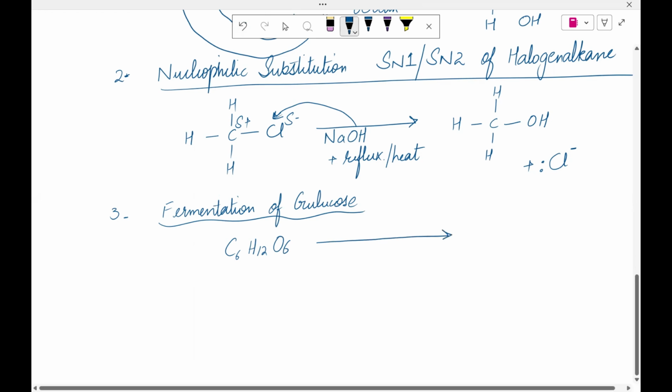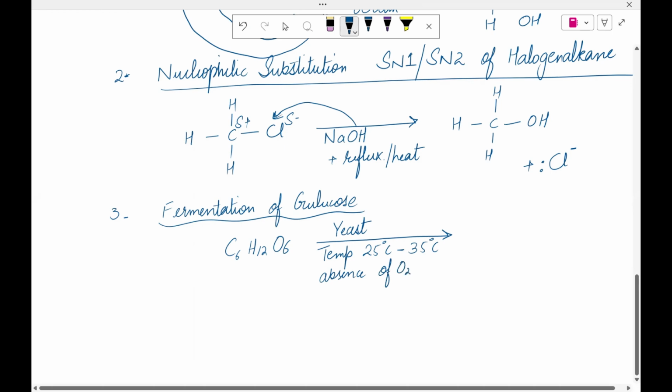Fermentation is a process that actually occurs in the absence of oxygen and in the presence of catalyst, that is yeast. So temperature here is between 25 degrees Celsius to 35 degrees Celsius, and this reaction basically occurs in absence of oxygen, first thing.